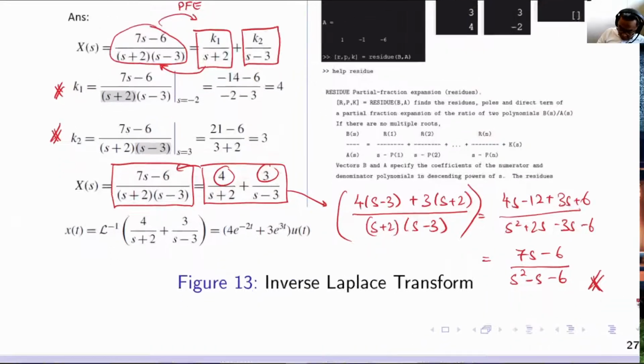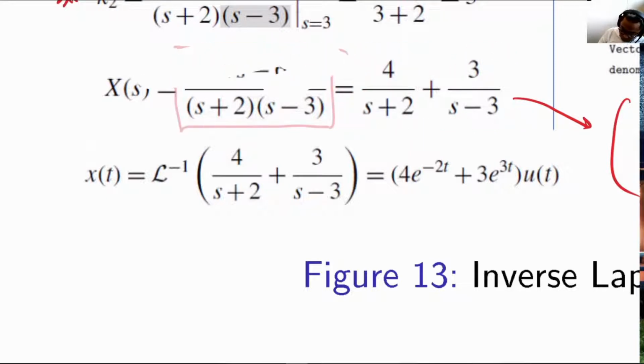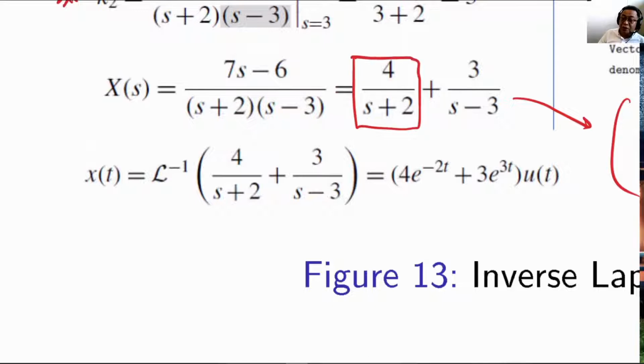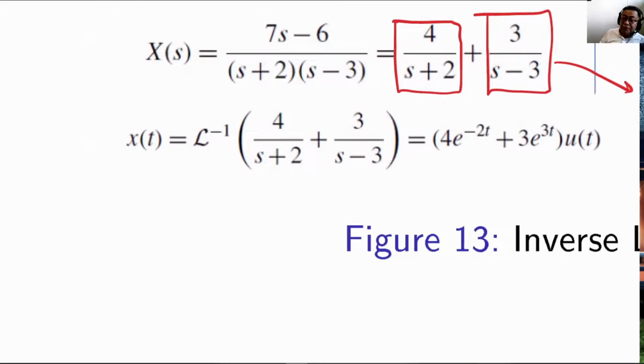Now, once you have the Xs in this form, then it is trivial. Why do I say that? Look at this. This entry has a lookup table, and this entry has a lookup table. What is the inverse Laplace transform?